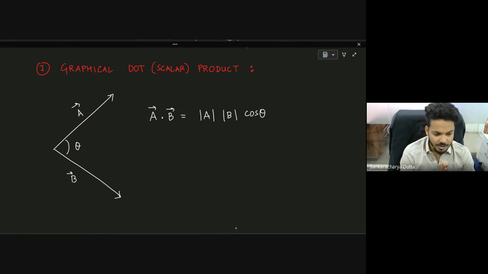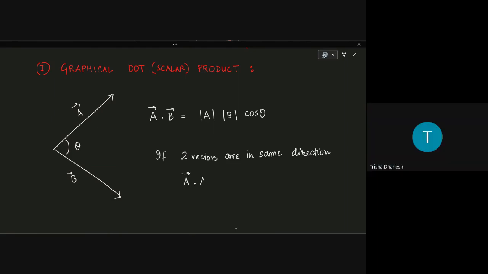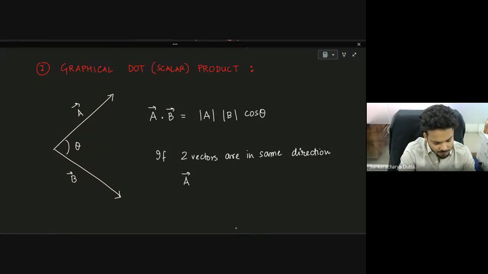Okay, now let me ask you a few questions. If two vectors are in the same direction, what will be the dot product? Only the multiplication, only the product of magnitudes. For example, A vector dot A vector, what will be the answer? Magnitude squared. That's it.